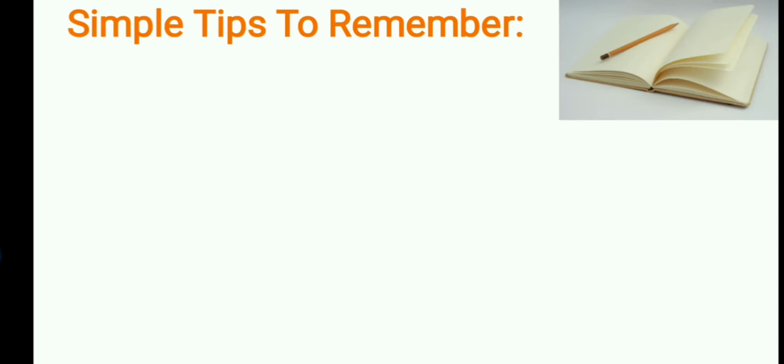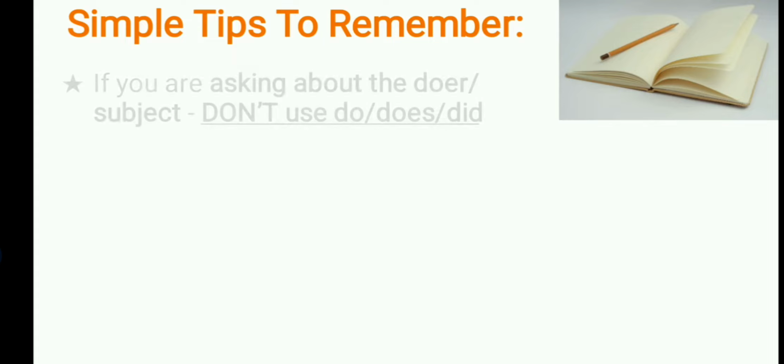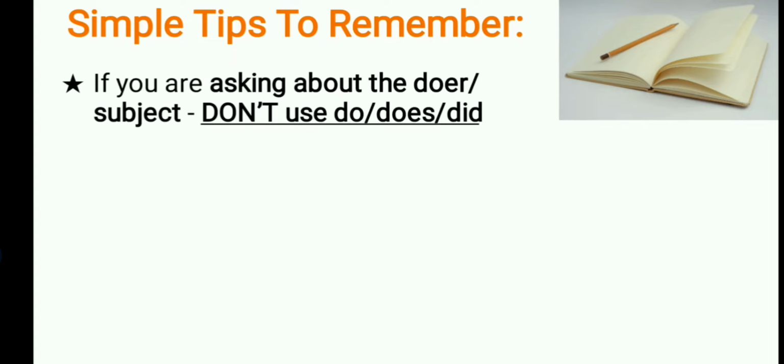So a few simple tips, or just two simple tips, to remember how you can differentiate or how you can frame a subject question and an object question. Firstly, if you're asking about the doer or the subject, then do not use auxiliary verbs. Do not use do, does, did.